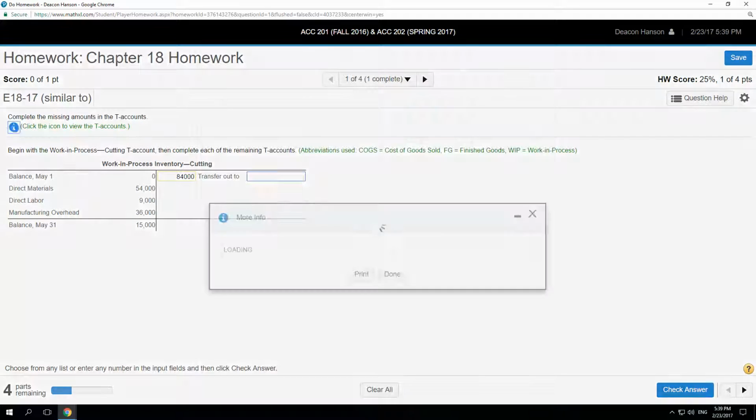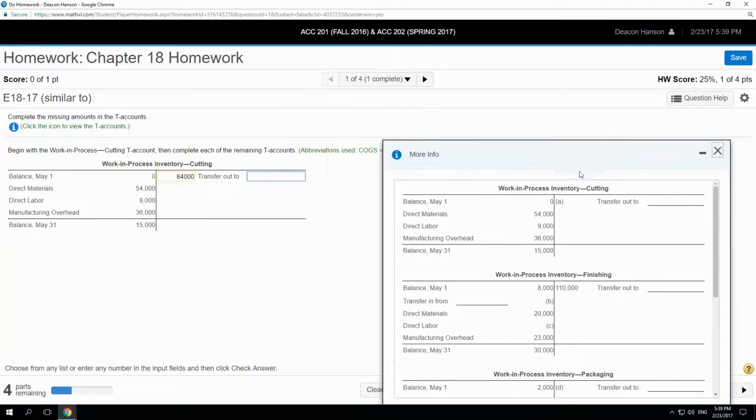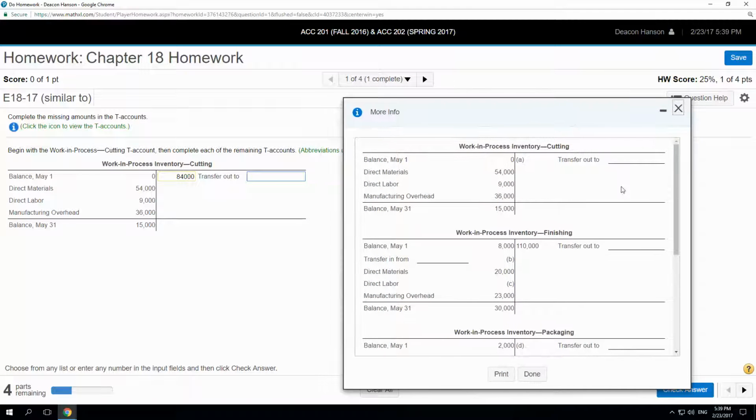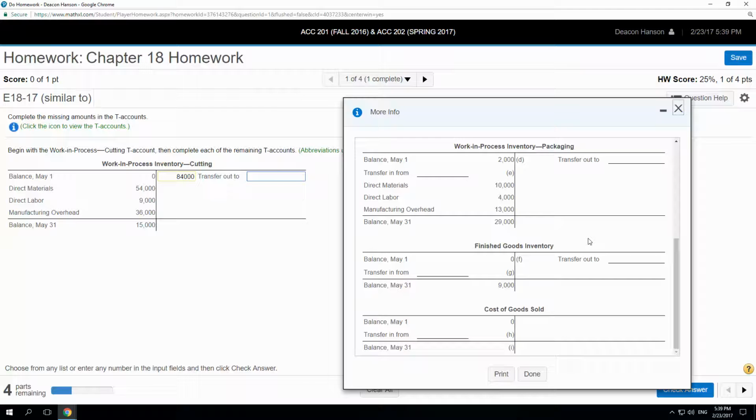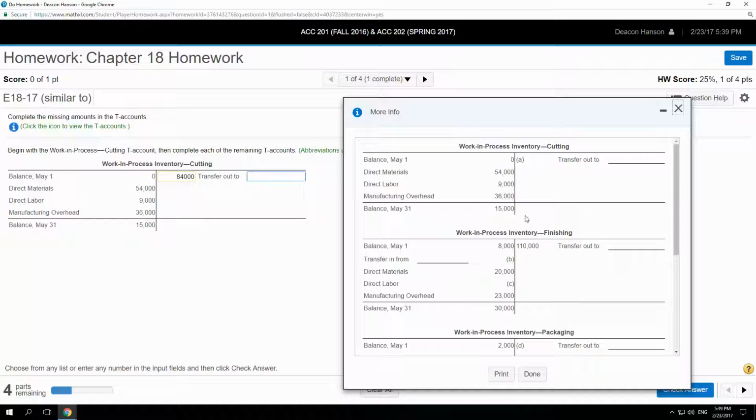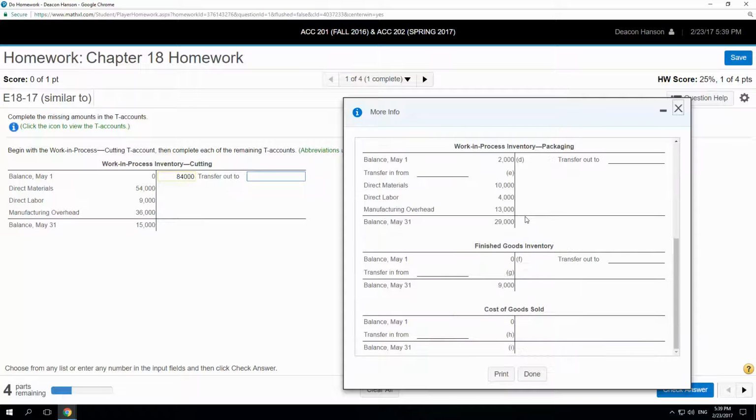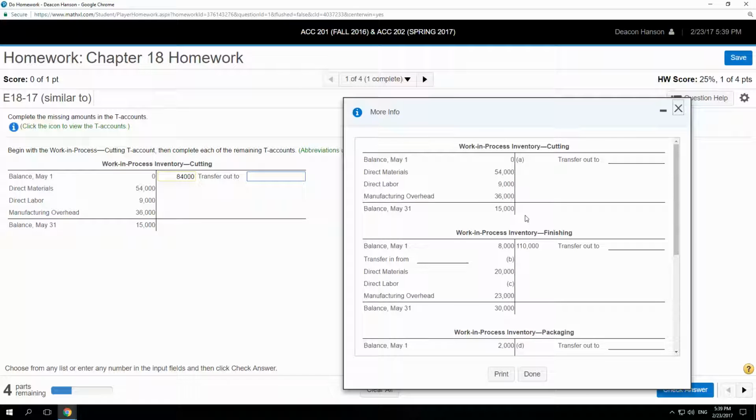Now we want to know where it went. Let's see. They give us a little thing here that we can check on. So it's moving through these accounts, and I'm going to assume that it's moving in this order. I think we can do that.